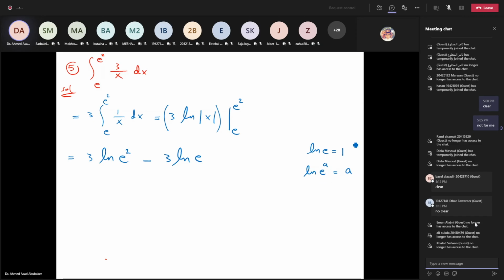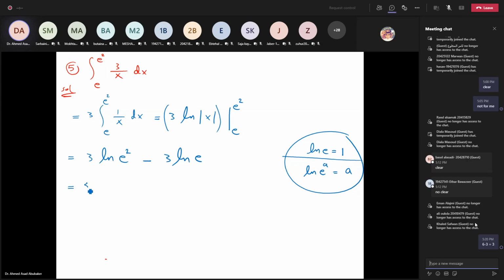We already mentioned this note about the logarithm function. So this equals 3 multiplied by 2 minus 3 multiplied by 1. So we have 6 minus 3 equals 3.